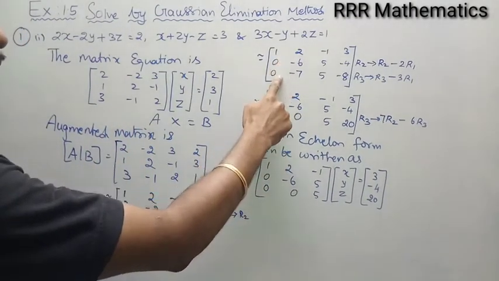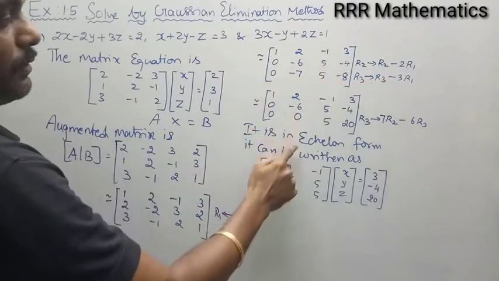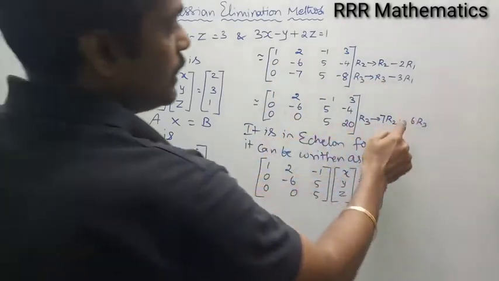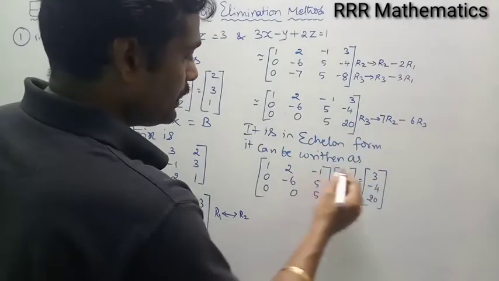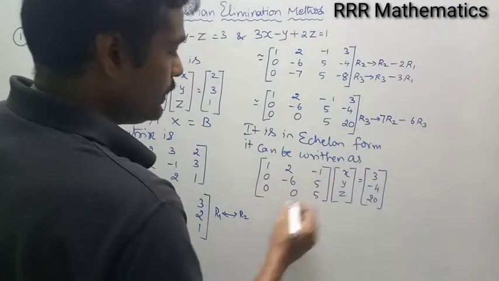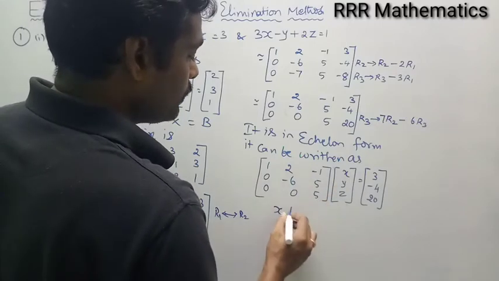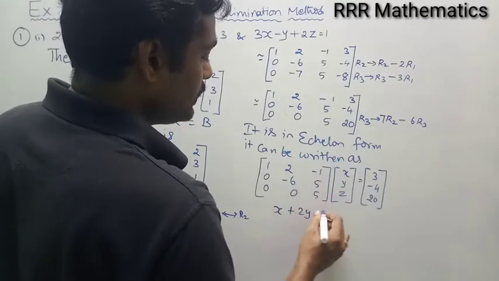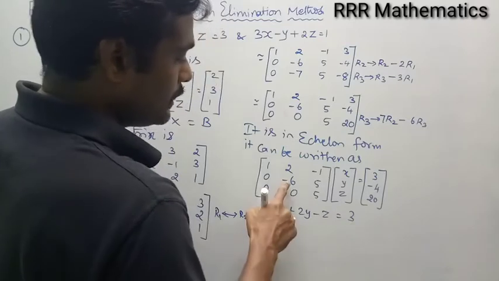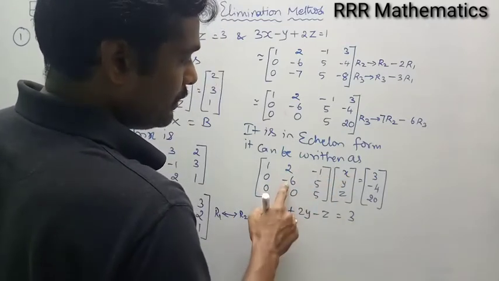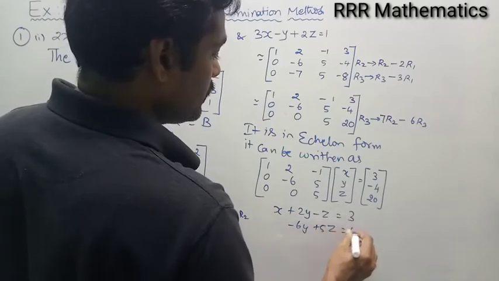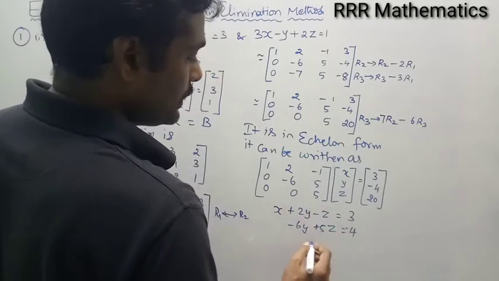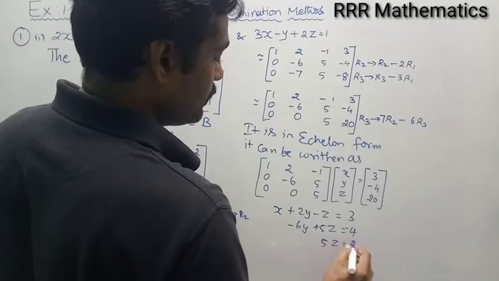First bring column 1 zeros, these two elements, by using R1, next bring 0 here by using R2. Now multiply 1 into x, x, 2 into y, 2y, minus 1 into z, minus z, which is equal to 3. Next 0 times x, 0, leave it, minus 6 into y plus 5 into z equal to minus 4. Next 5 into z equal to 20.